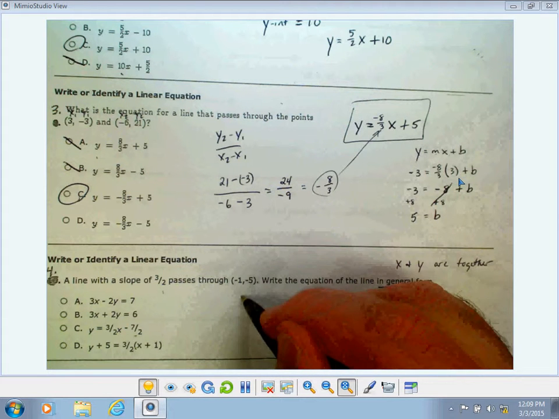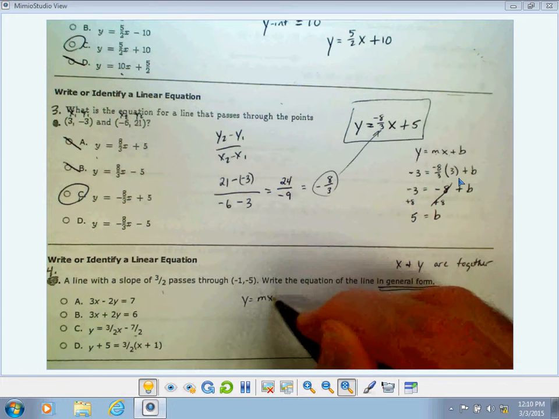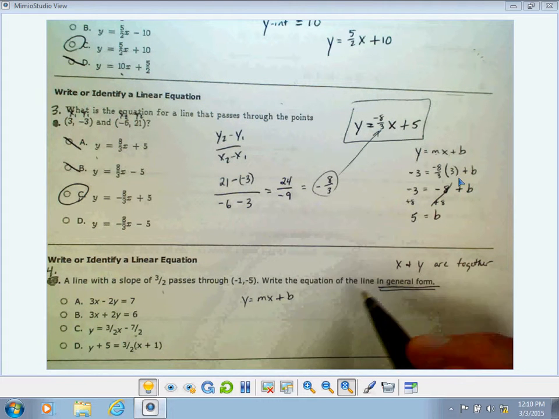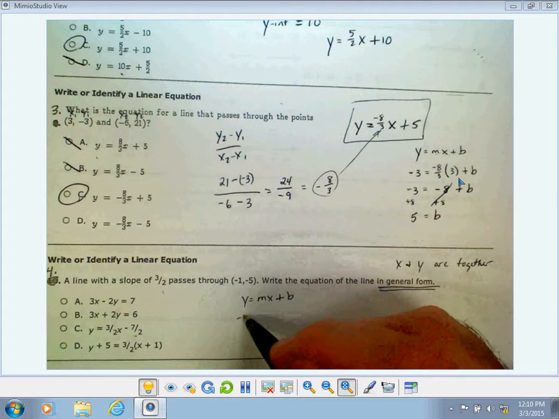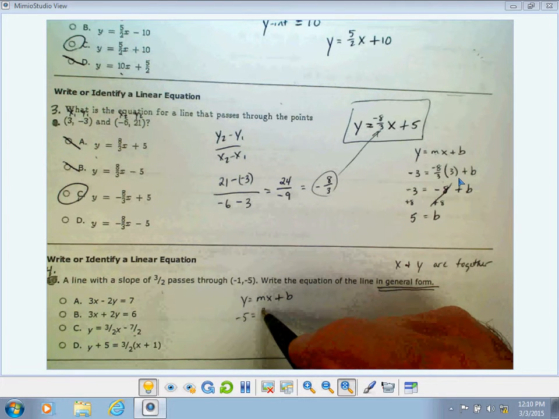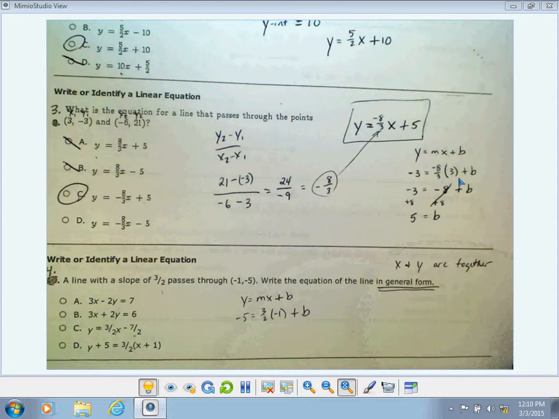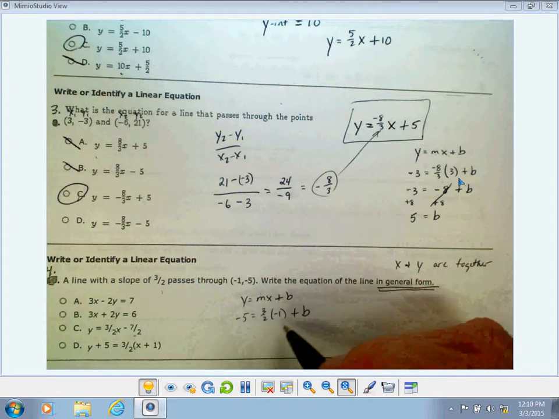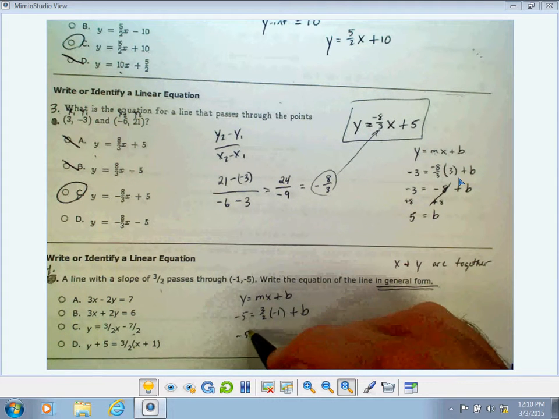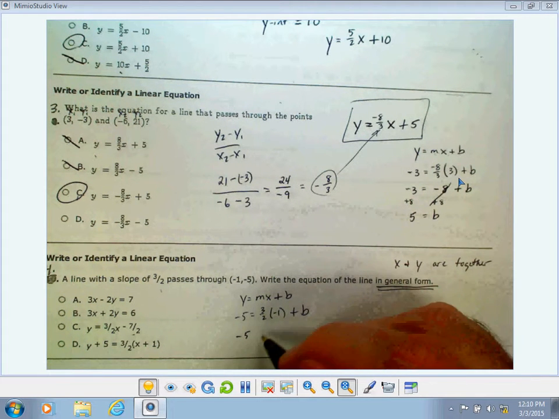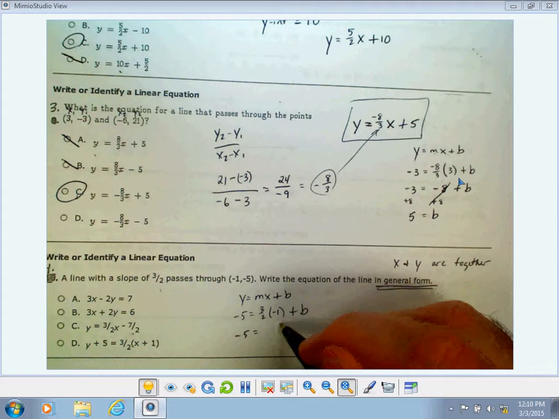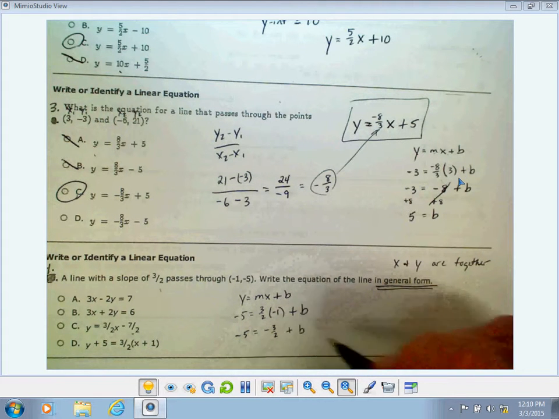So what I'm saying is I'll start with a generic equation, and I'll put negative 5 for y, the 3 over 2 is m, and x is negative 1. And I still have b on the end. So what happens here is negative 5 equals 3 over 2 times negative 1 is negative 3 over 2 plus b.